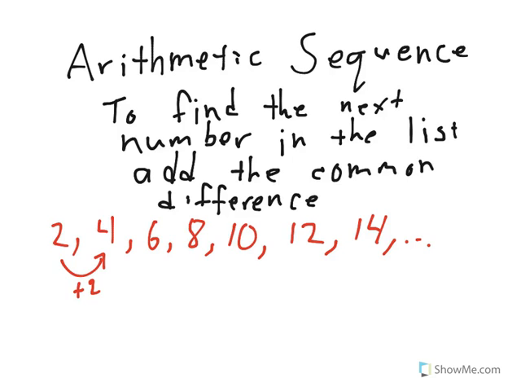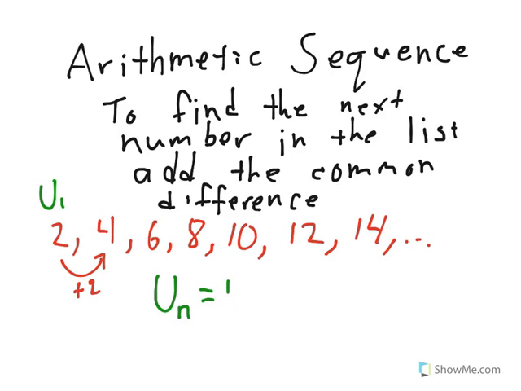Now we mentioned that the first term is called u1, u2, u3, and so on, and then u sub n is the general term. We can also use this to write a recursive formula. So if we say that u sub n is the nth term, according to this we need to add the common difference to the previous number.